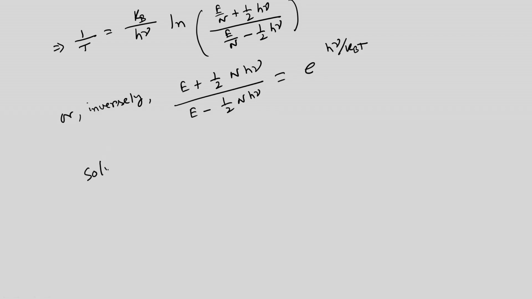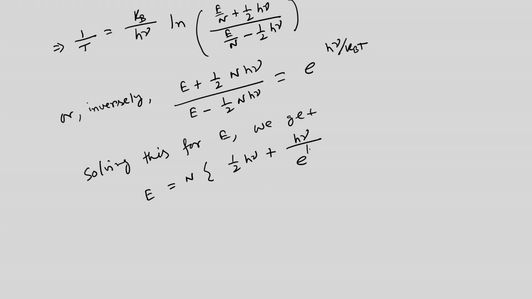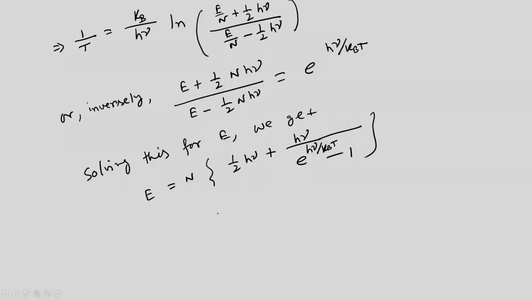So, solving this for energy, we get E equals n times (half h nu plus h nu by (e to the h nu by kBT minus 1)). So, this is the solution of problem 5.